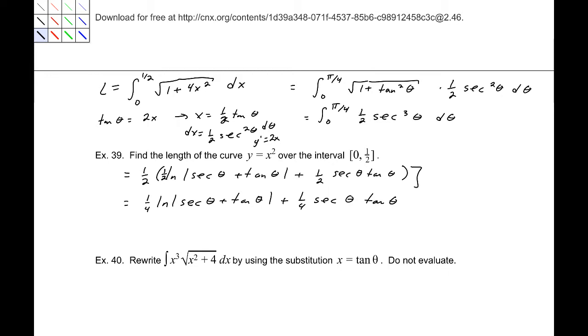Now this is evaluated from 0 to pi over 4, our change of variable, which is exactly 1/4 times square root of 2 plus natural log of square root of 2 plus 1. That's exactly what that is, but that is approximately 0.5739. There's the length of that curve.